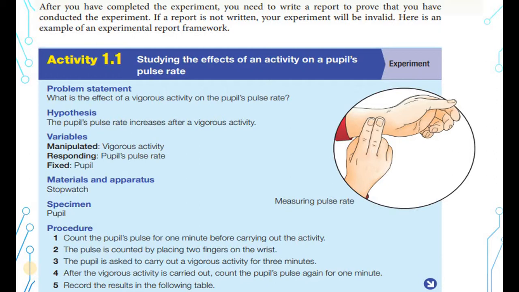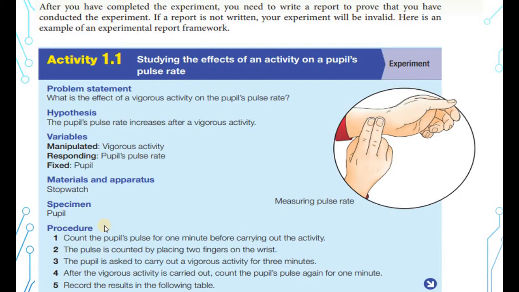I want you to carry out this activity at home. So what is the activity? Activity 1.1, studying the effects of an activity on a pupil's pulse rate. I want you to read the activity and then just follow the procedure and do the experiment on your own at home.